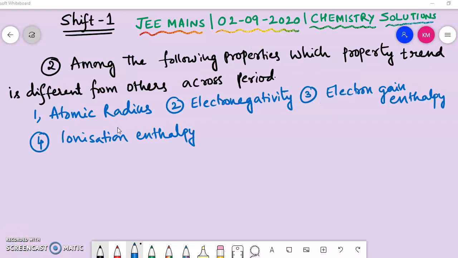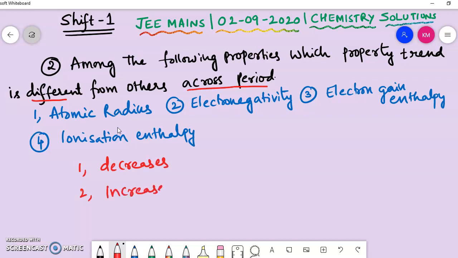Let's see the second question, guys. Among the following properties, which property trend is different from others across the period, guys? Across the period, atomic radius, first one I am talking about. Across the period, atomic radius decreases. Second one, electronegativity across the period increases.